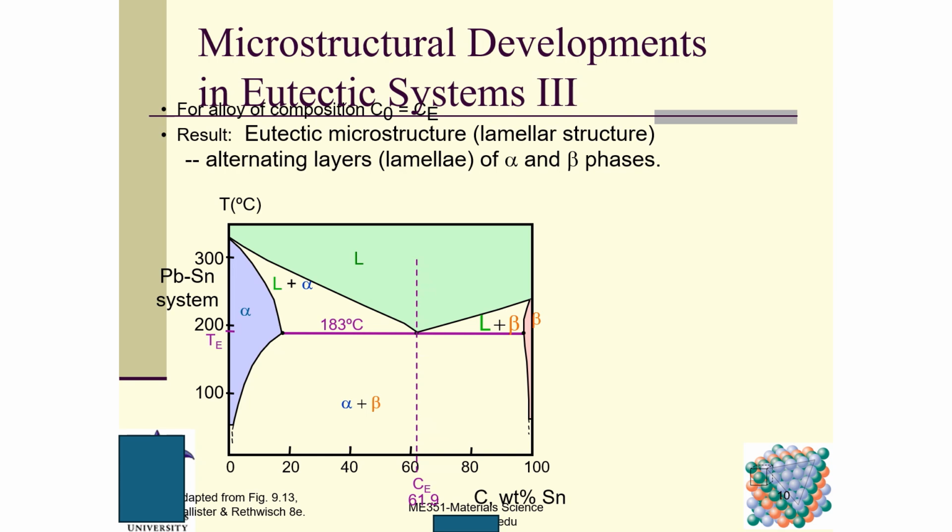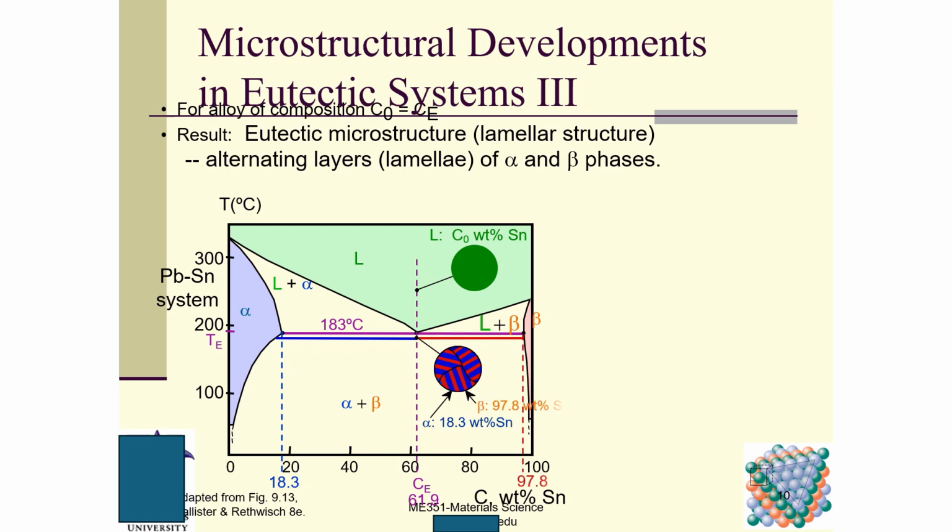For this point, at this composition above the eutectic temperature, we will have the liquid phase. And when we go down a little bit, we will have alpha, beta, alpha, beta, so these are alternating layers.